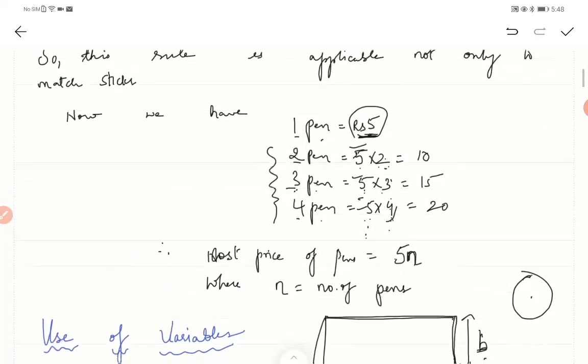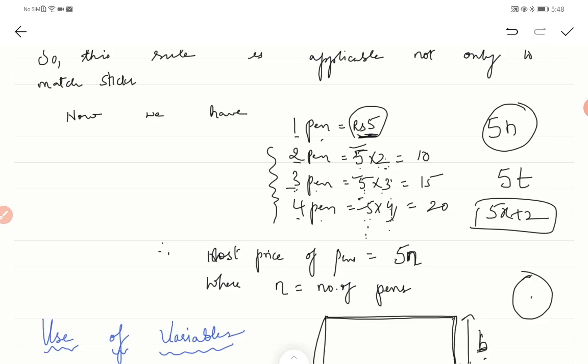If you have something like 5n, this is called an expression. I have 5t, or 5x plus 2, this is also an expression. Until I get an equal to sign and the expression is equated to some value, we will not call it an equation.